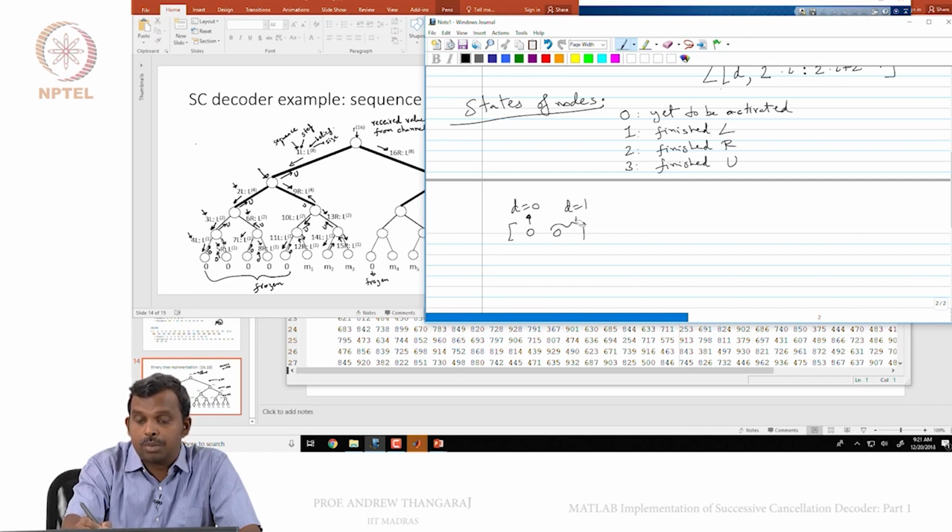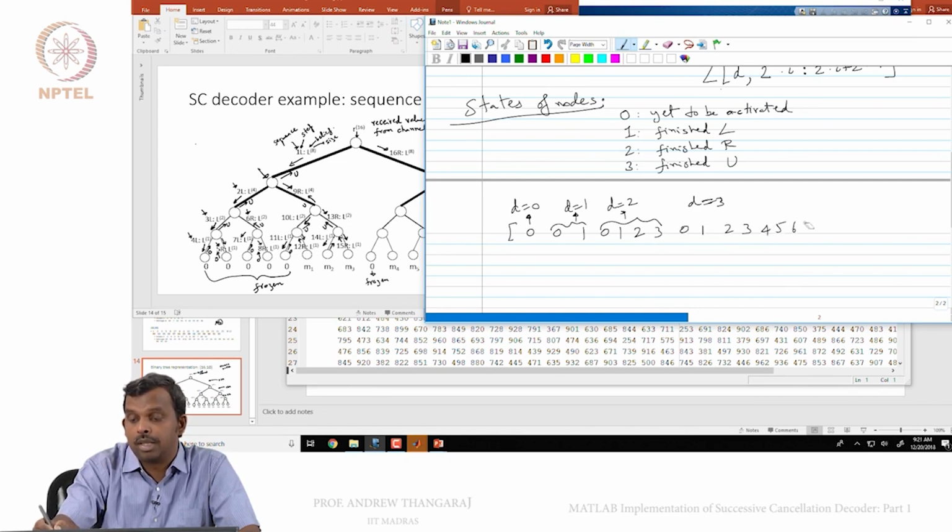Then depth 2 has 0, 1, 2, 3. Then depth 3 has 0, 1, 2, 3, 4, 5, 6, 7, and so on.